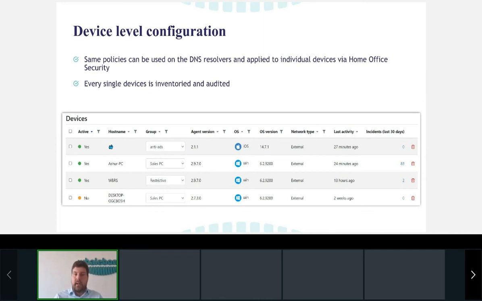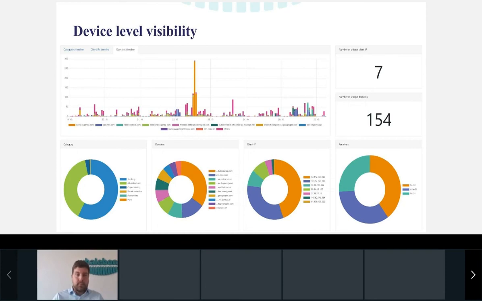But you can see every single device, whether it's properly communicating and provisioned. And with the device level visibility, what does that mean? You can see every single incident, content filtering log, DNS traffic actually tied to that particular device.